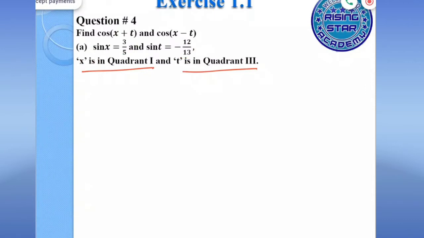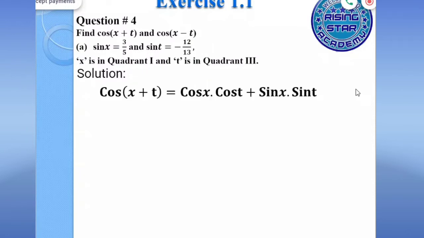Let me write the identity we have to use. Now we will use this identity for cos of x plus t to find this result. But the problem is that we have the sine x and sine t values, but the cos x and cos t values are missing.